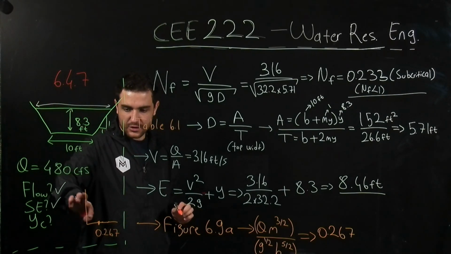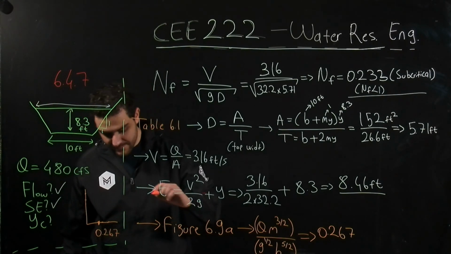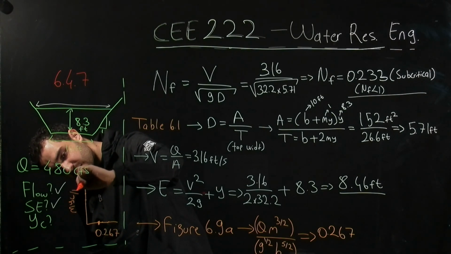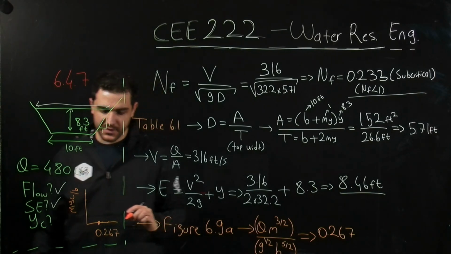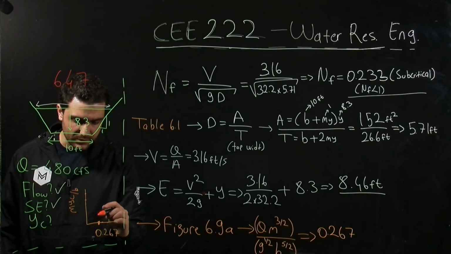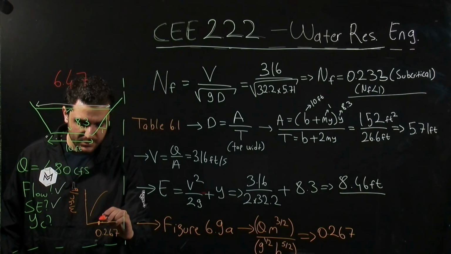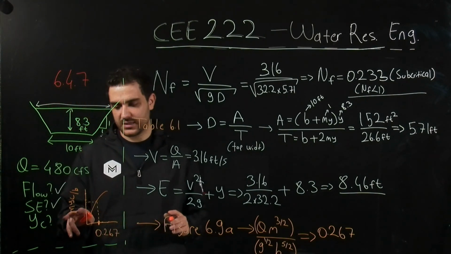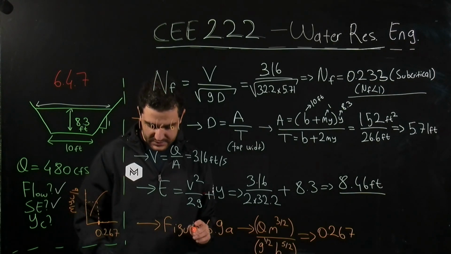After that, on the y-axis, we will have m y_c over b. So we have a curve, and based on this value, we will have a corresponding value for m y_c over b.